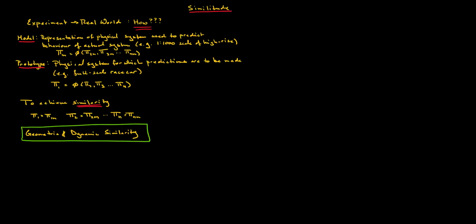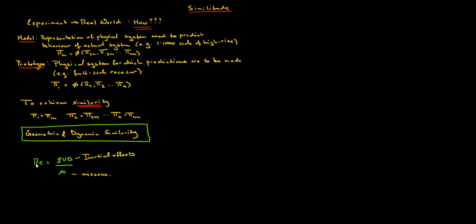Similarly, you want to achieve what's called dynamic similarity. You'll have certain terms that are more dynamic terms that have more to do with the dynamics of the flow. One typical example is the Reynolds number. The Reynolds number, given by rho Vd over mu, is a ratio of the inertial effects to the viscous effects.